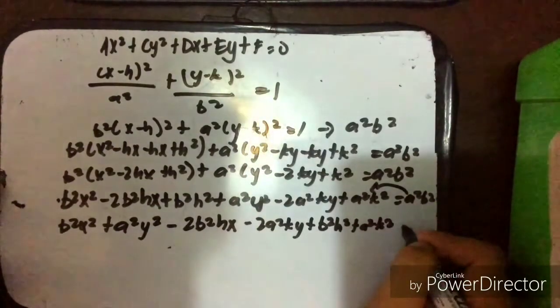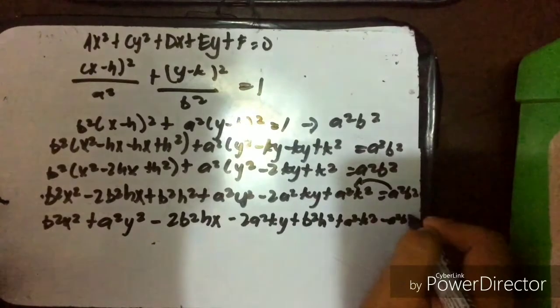You transpose the a squared b squared, so that the expression is equal to 0.